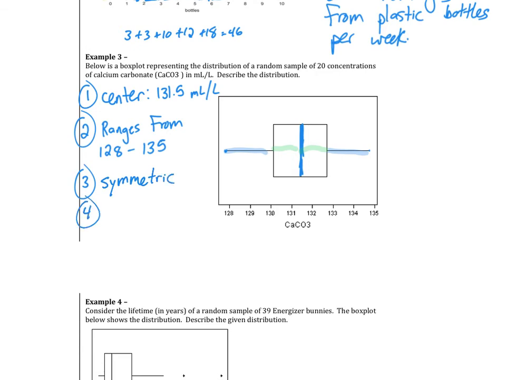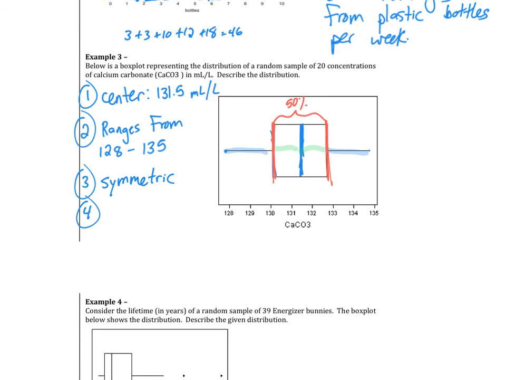And then number 4 is just write a statement about the concentrations. So what I have written down here is that half of the concentrations of calcium carbonate are between 130 and 132.5. So basically, this is Q1. This is Q3. 50% of the numbers are going to be in between there.